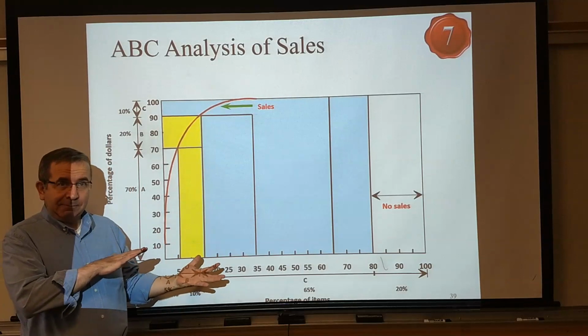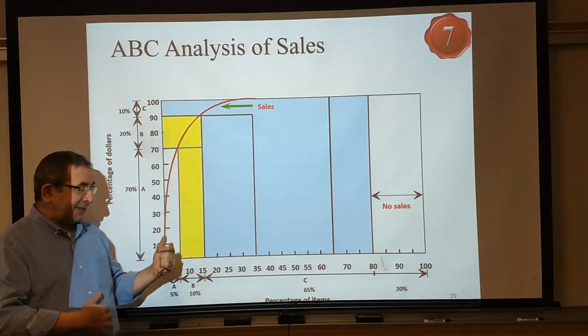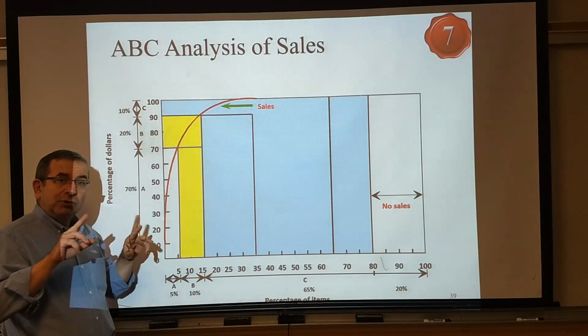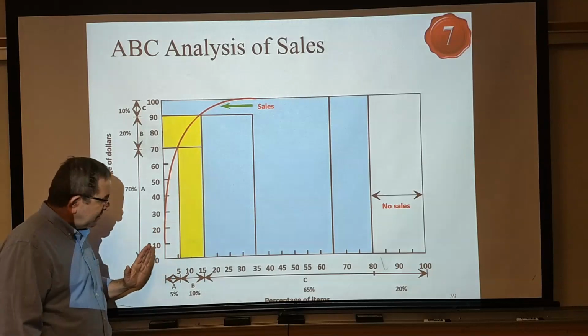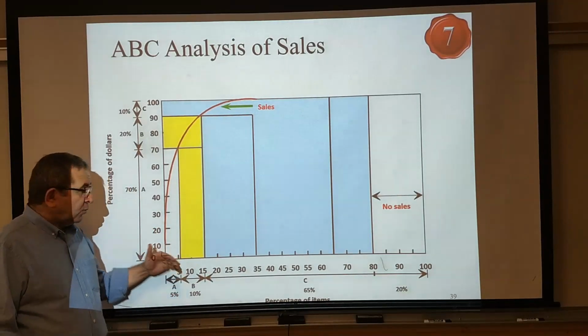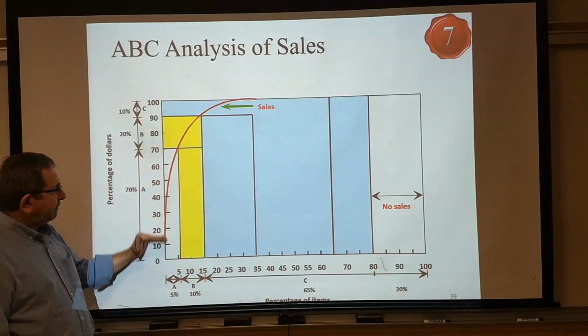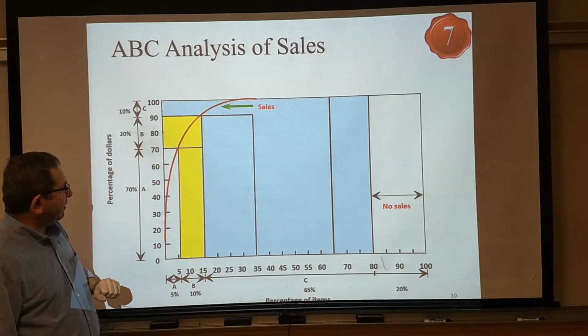So this is an example. These percentages may change. However, the idea is that your most important items, best-selling items, biggest customers, etc., a small percentage of them will generate a huge portion of your revenue.